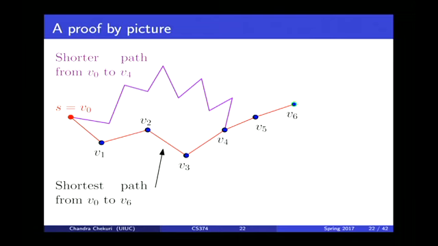But one extra property we get if the edge lengths are non-negative is that not only is this a shortest path from S to V4, the length of this path must be less than the length of S to V6. Why? Because all the edge lengths are non-negative, right? But if the lengths are negative, that property is not true, no? Okay. But what does it mean?